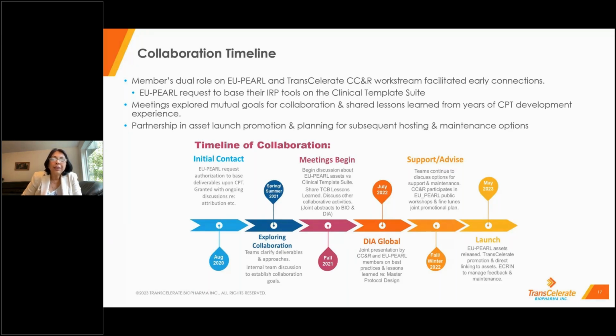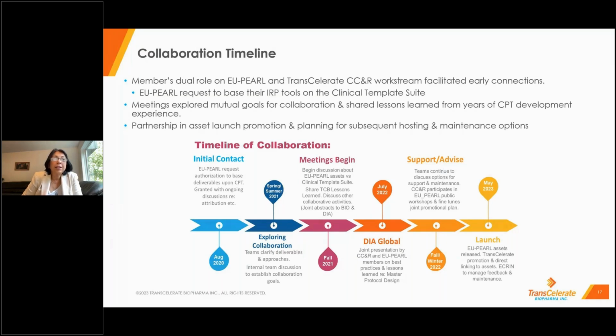There was a lot of internal discussion within TransCelerate and EU-PEARL. In the fall of 2021, the meetings began. We started discussing with each other, EU-PEARL as well as TransCelerate, how we could utilize the clinical template suite.